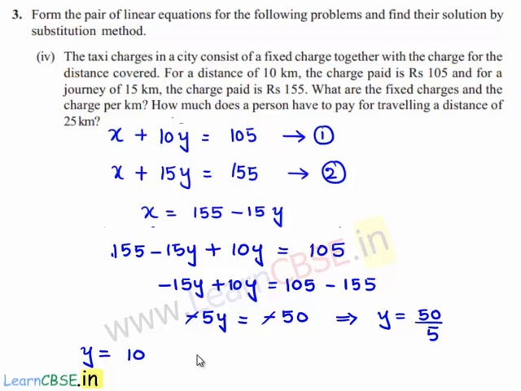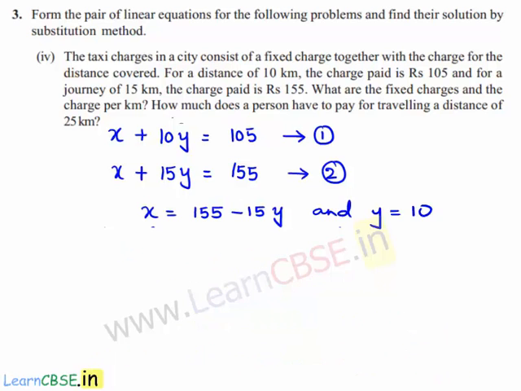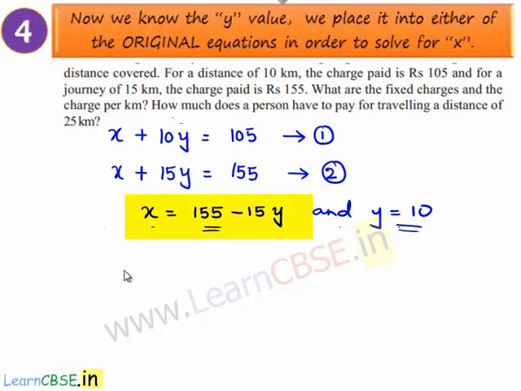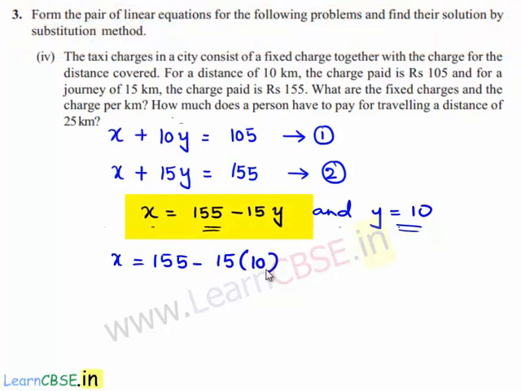Therefore, the charge for 1 kilometer is rupees 10. So let us substitute the value of 10 in this equation. We get X is equal to 155 minus 15 times of y, which is 10. X is equal to 155 minus 15 times of 10 is 150.